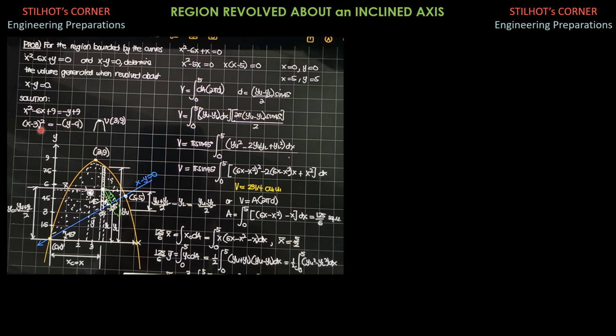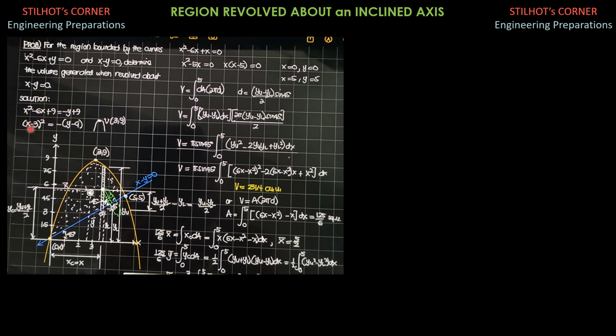The other one, if it is open to the right or to the left, is quantity y minus k squared equals plus minus latus rectum times quantity x minus h, where h and k are coordinates of the vertex of the parabola. And the sign in the right side, in the first degree term, is the opening of the parabola. In this case, it is negative, so it is open downward.